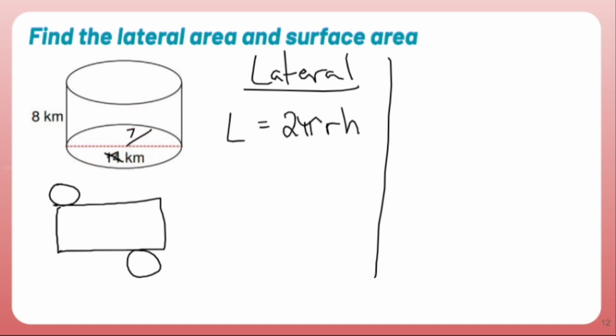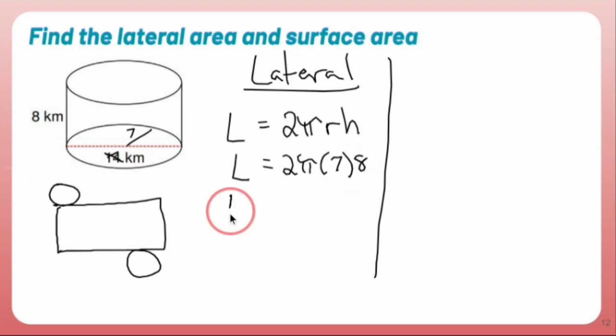Okay? So, now let's keep the same color. My lateral area is going to be 2 times pi times radius times the height, which was 8. Don't know what that is, so I'm going to go off to the side and ask Siri.